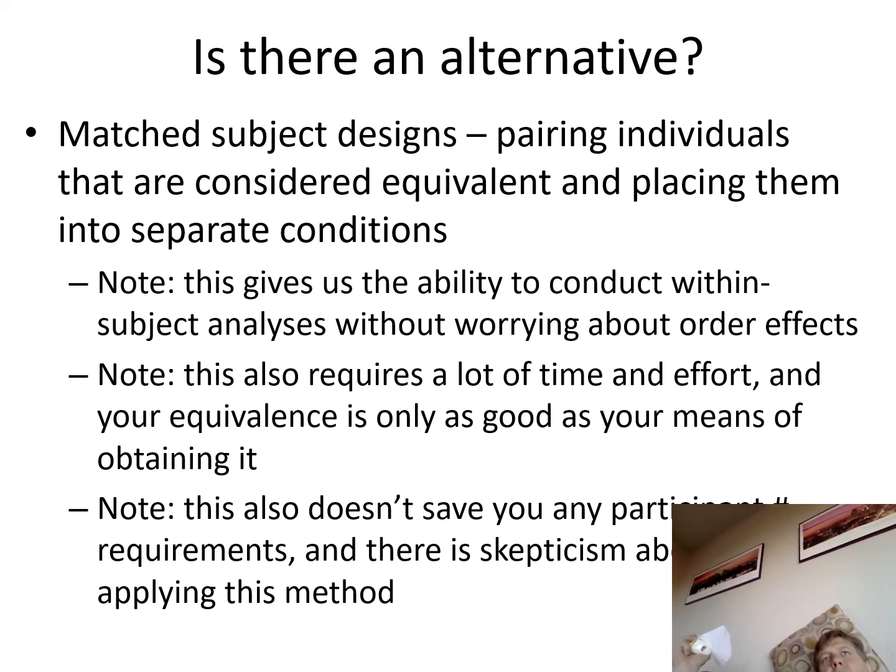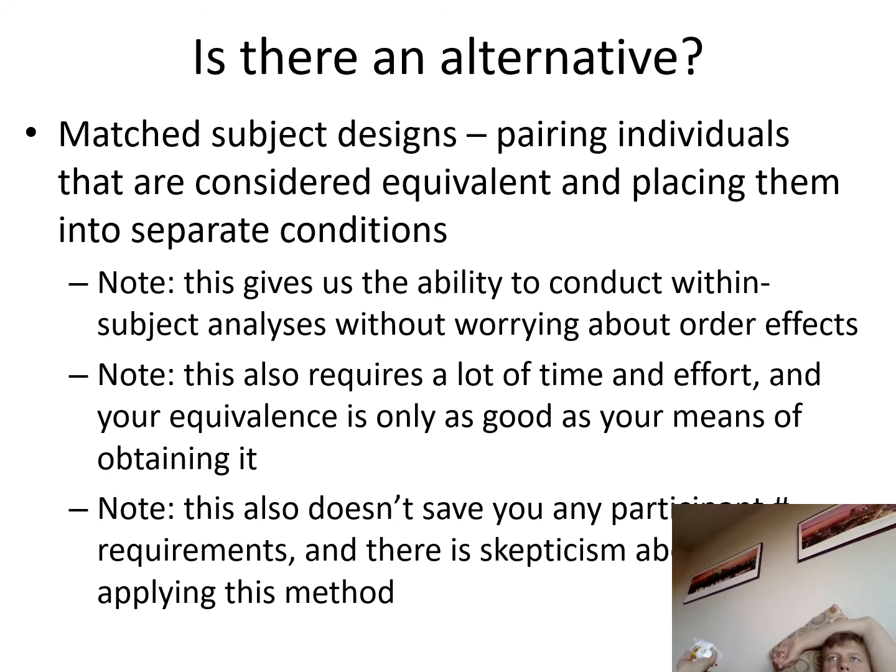Even though this is the case, there are still lots of people that are skeptical that we should be doing what we do with matched subject design analyses, essentially treating them as if they were the same people. Those that argue that this doesn't work tend to say that even if people might perform similarly on certain tests or be very similar in certain ways, it doesn't ensure that they're going to behave the exact same way in whatever experiment's being run.